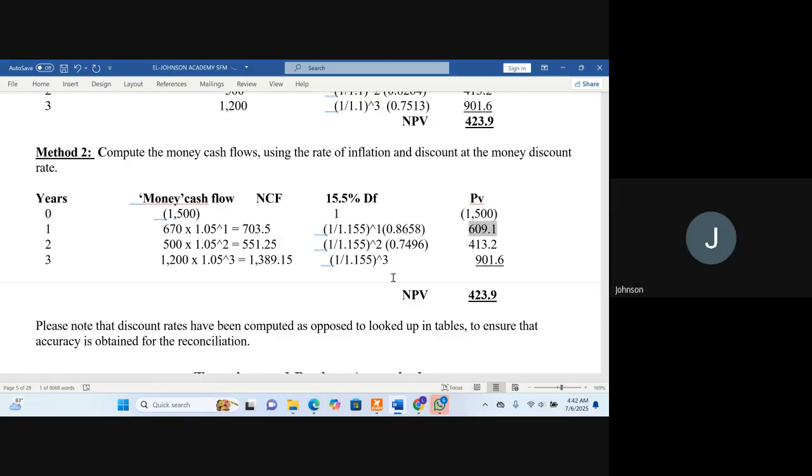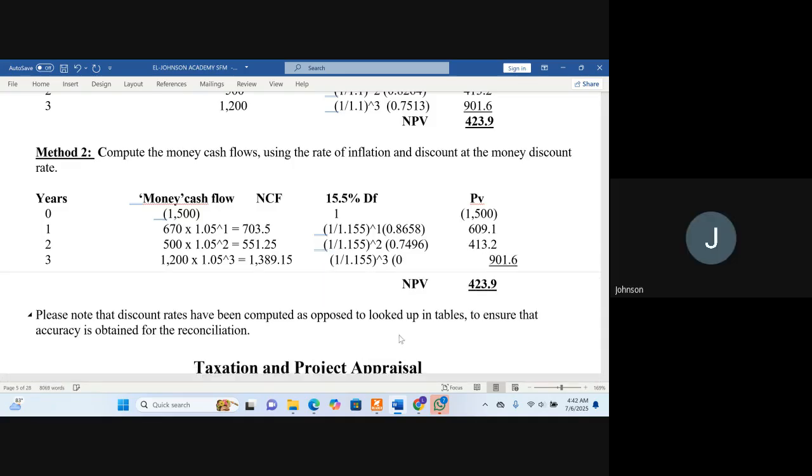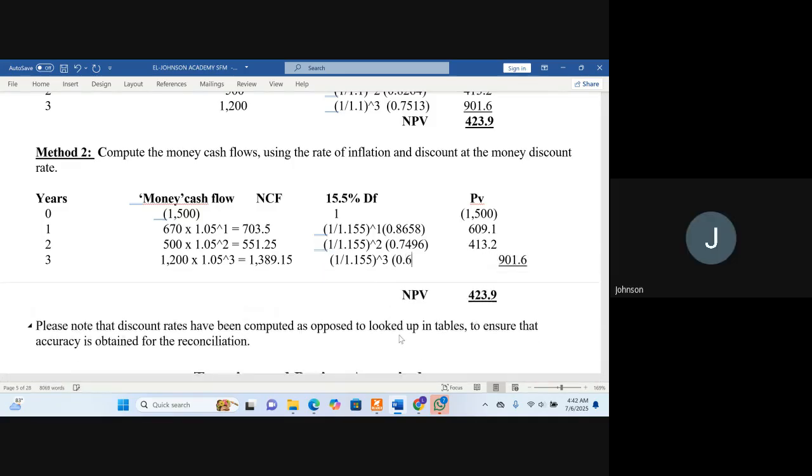Yeah, the year 3 discounting factor is 0.6490. Okay, that's that.